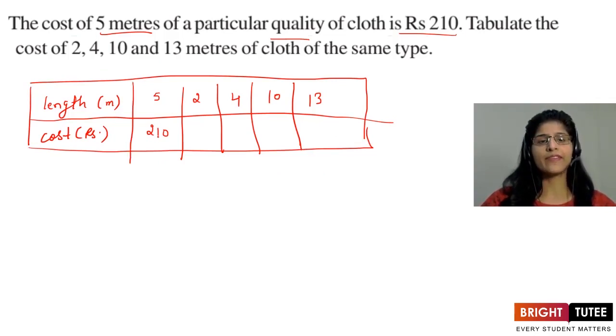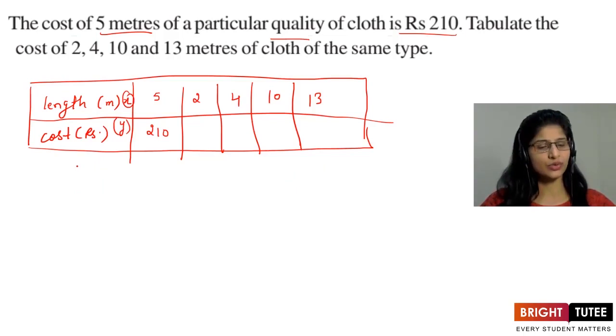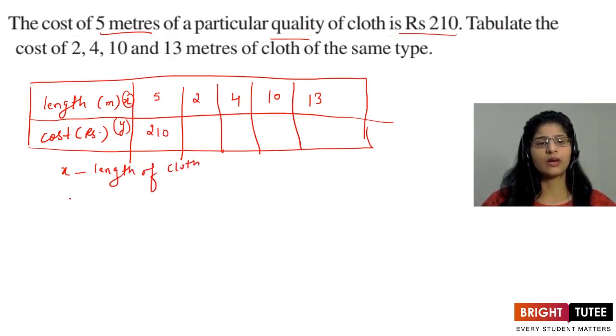Now we know 5 upon 210. Let us represent this with x and this with y. That means x represents the length of the cloth, y represents the cost of the cloth. To avoid confusion, you can just write x is length of cloth, y is cost of cloth.